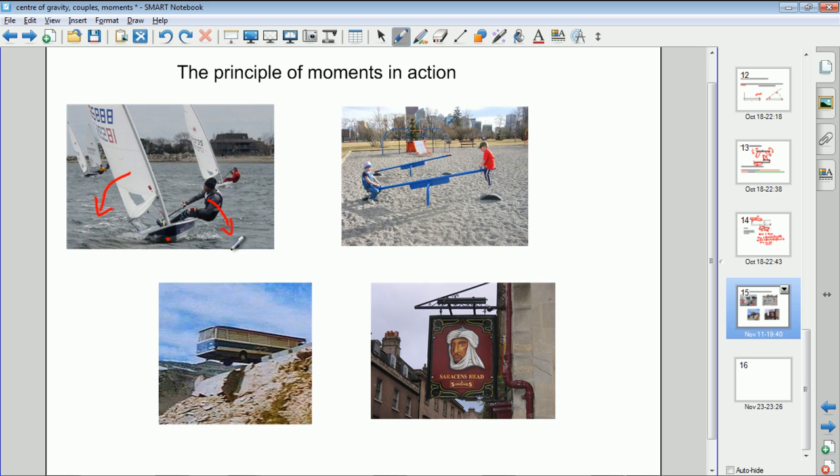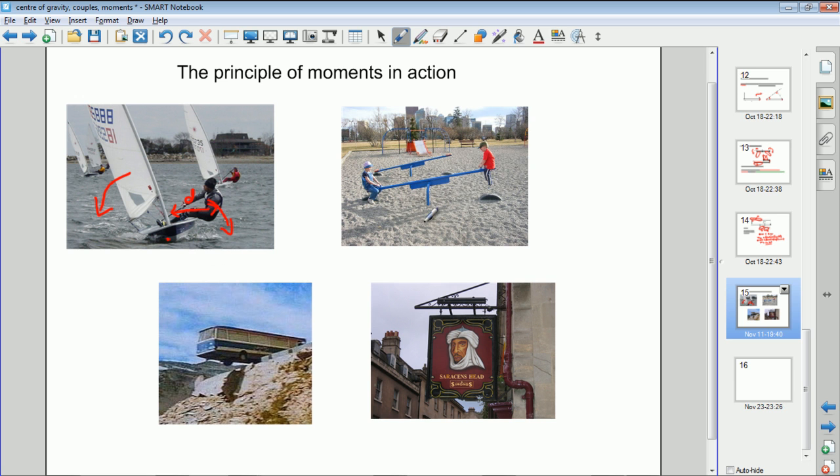Okay, so there's the principle of moments acting, and to keep the boat upright and balanced, you have to increase the clockwise moment in this case by moving your weight further out, increasing the distance from the pivot to the line of action of the force effectively.